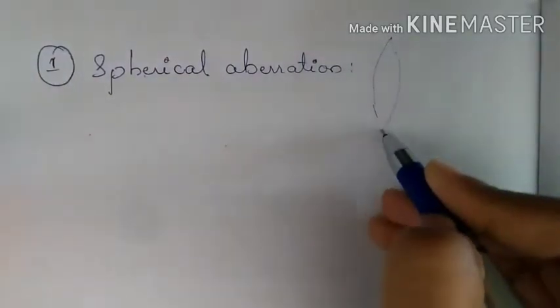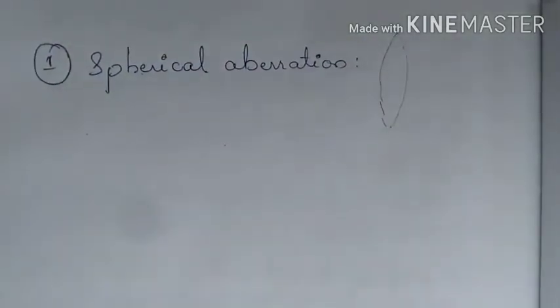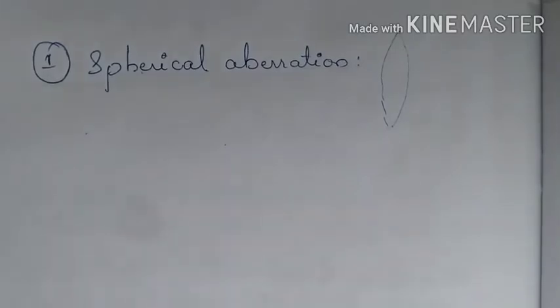The different points or different portions of the lens will have different focal length. So there will be no uniformity in the focal length of the lens that you have got. In that case you encounter the spherical aberration. So this is due to the variation of focal length.